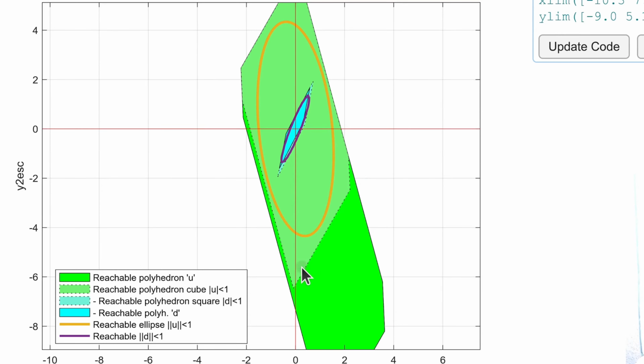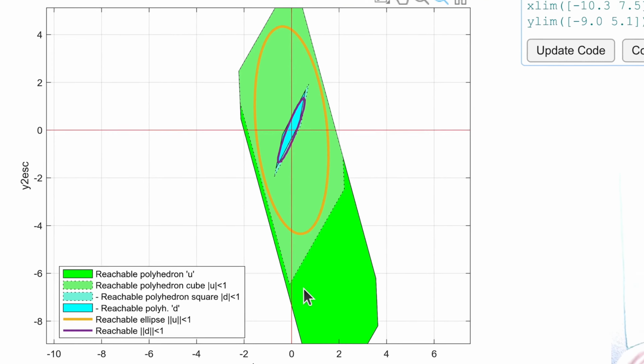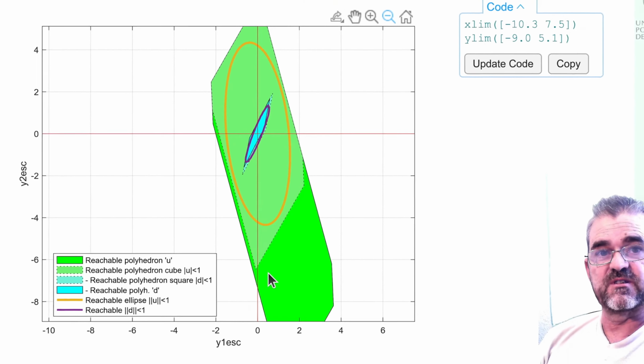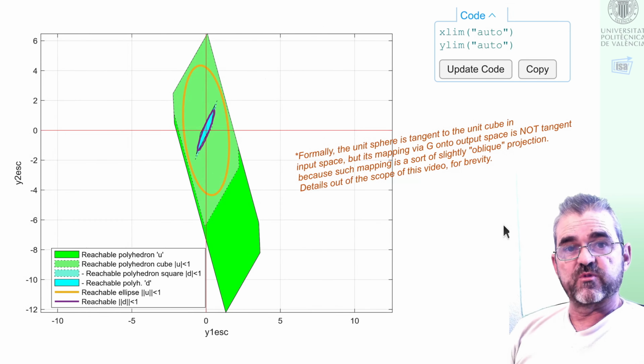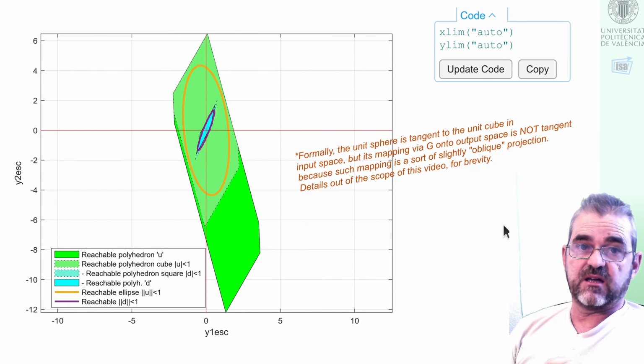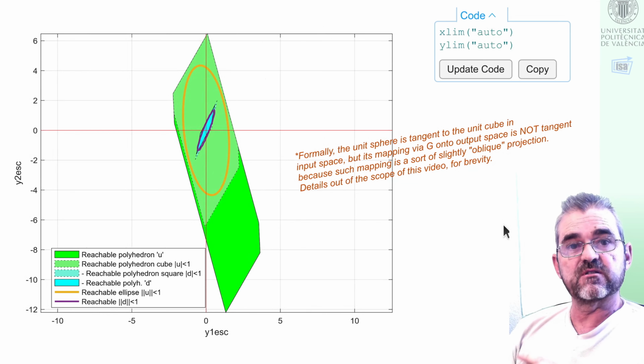My input range is non-symmetric and larger, the solid green, but the scaled SVD approach approximates the image of the cube in input space with vertices at plus minus 1, and the yellow ellipse is tangent to them. So with this superposition of the ellipse and polyhedron geometry results, you may better understand what we are doing in each of the cases.